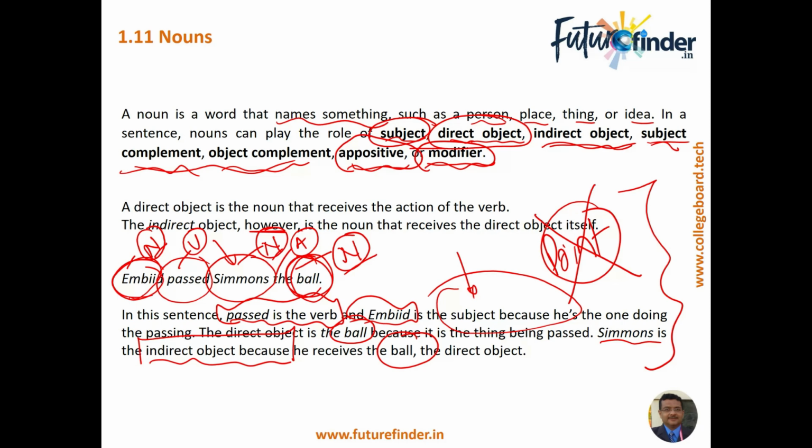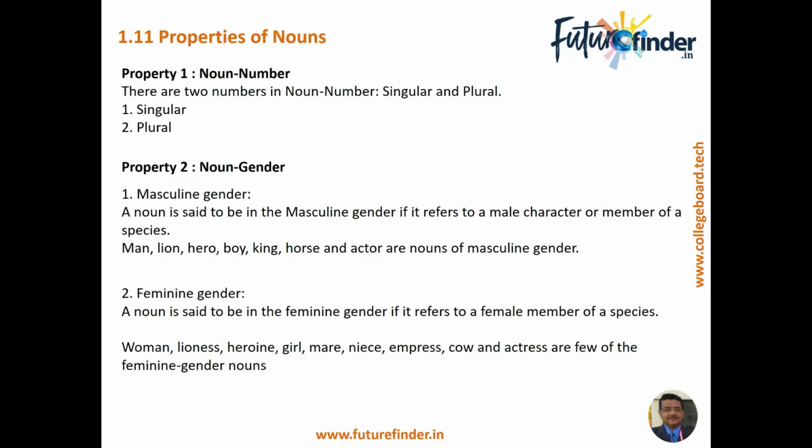We need to analyze the nouns and understand three properties of a noun. That is very important because the whole of the SAT, probably in agreements, would keep using these three properties interchangeably. The first property of a noun is that there are two numbers associated with a noun. Most of us would know that a noun could be singular or plural.